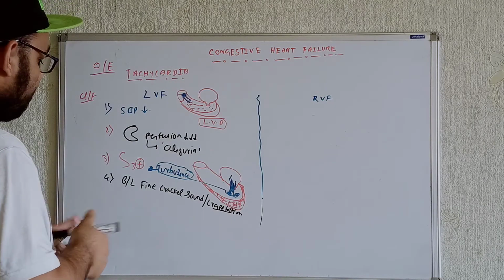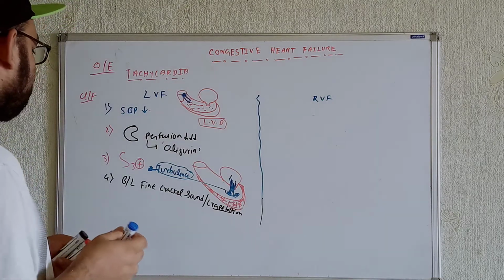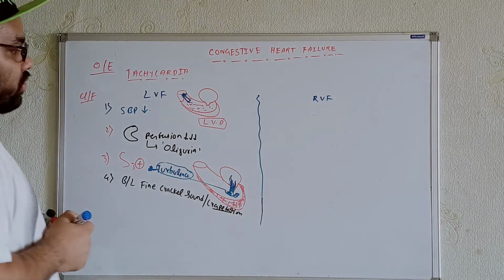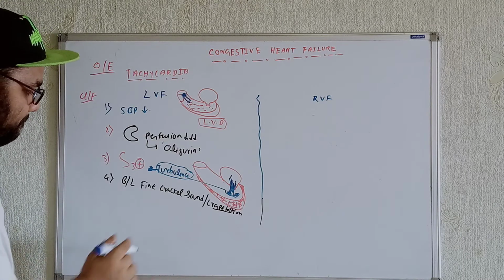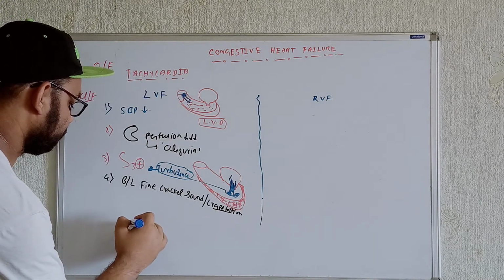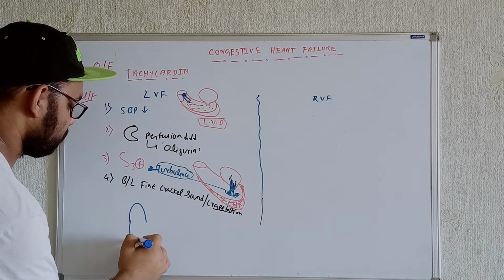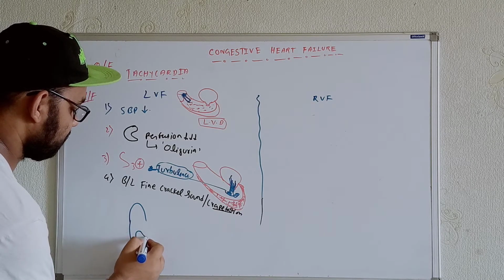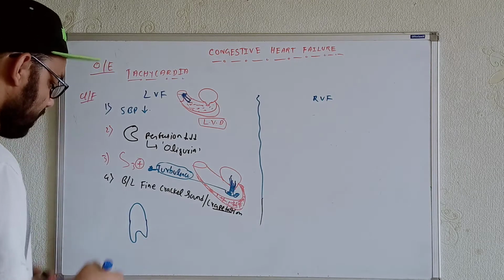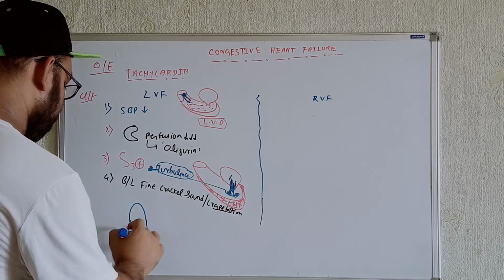Okay, and then there is another type of problem that we will see over here. For that, I have to draw a little bit of the lungs. So try to understand from here. For example, these are the lungs. Now, what do we know?